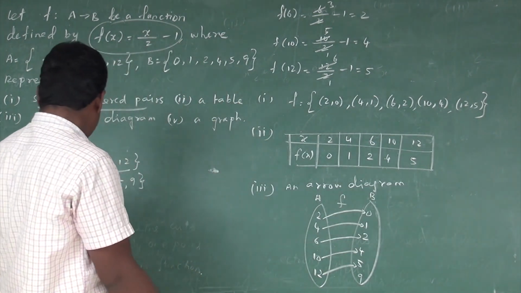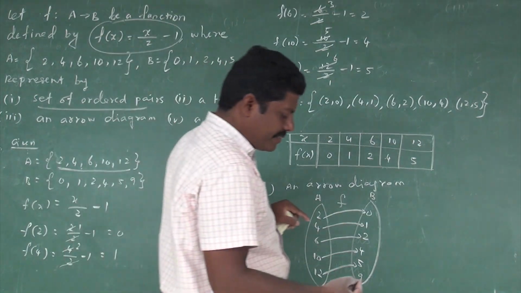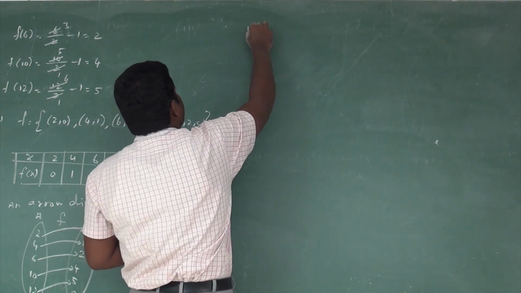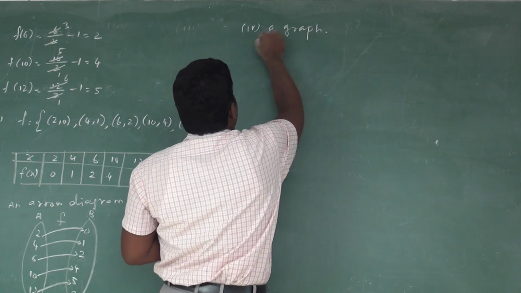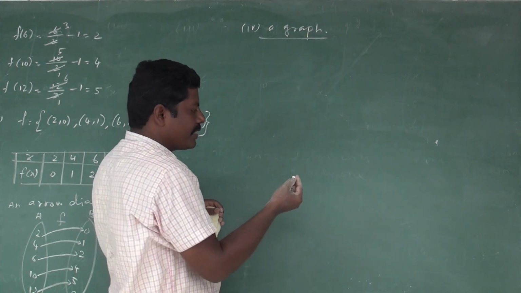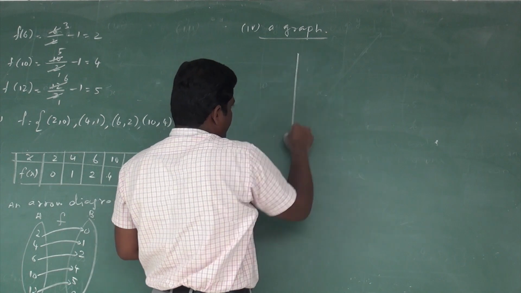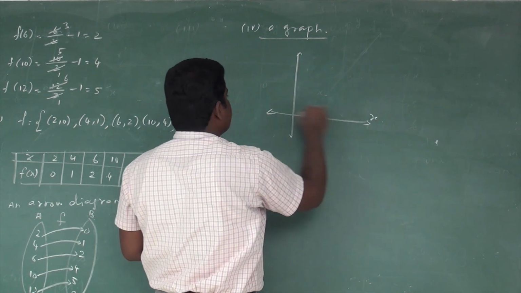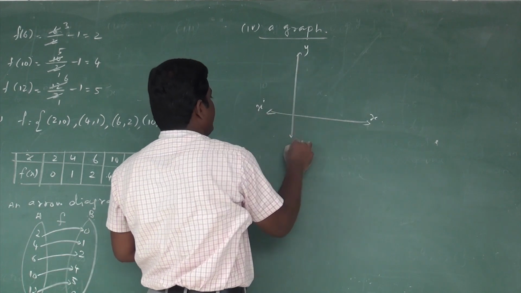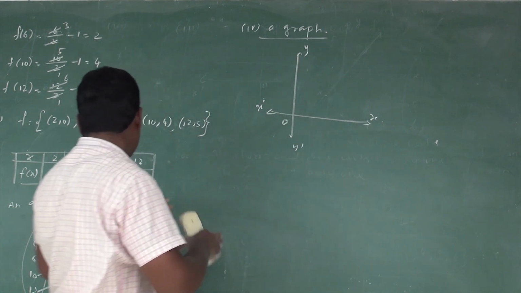Next, fourth one is a graph. You want to draw the graph. You take x, y axis. This is x dash, y dash, origin. You see this table.